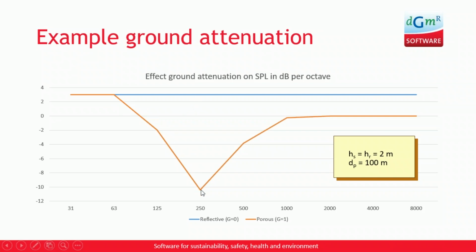So if you make a mistake in an ISO model and, instead of reflective, you make your ground absorptive, porous, then you make a mistake of 13 dB in the 250 Hz octave band. And the 250 Hz octave band is many times the dominant octave band over longer distances, because over longer distances you lose the high frequencies and you keep the lower frequencies. So this is good to realize and to remember that it's quite sensitive.